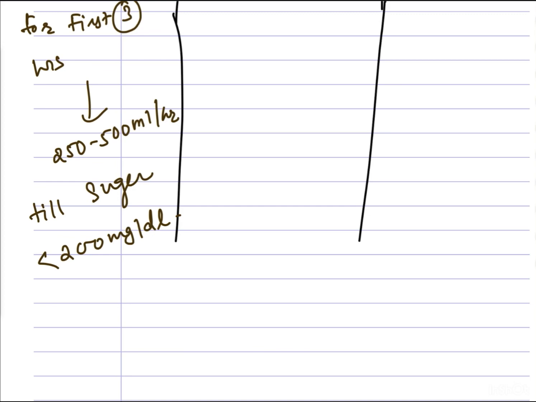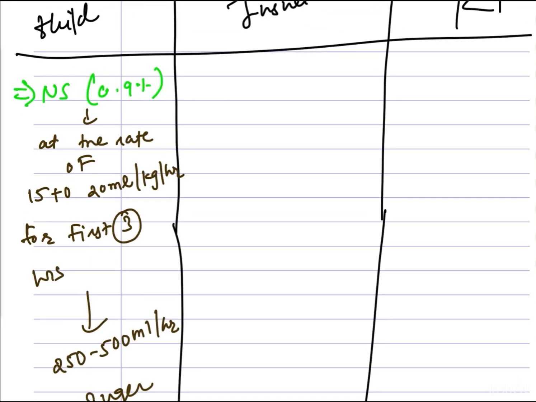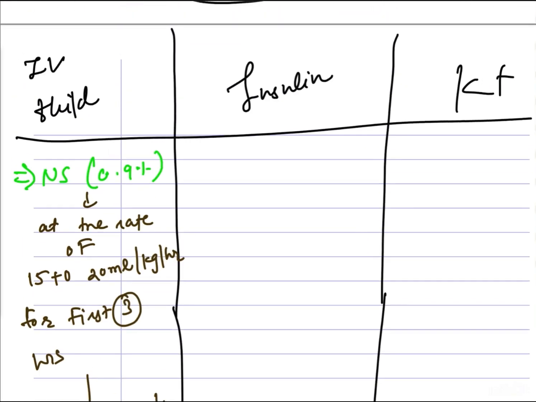But maybe the patient will have a high sodium level, because whenever there is a decrease in glucose, there will be an increase in sodium. So we will check the sodium level. Of course, we have to check the potassium level, so we will check sodium and potassium levels, and if we find that the sodium level is higher than normal, then we will convert this NS to half NS.